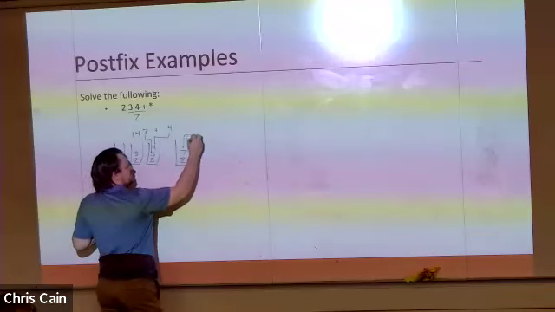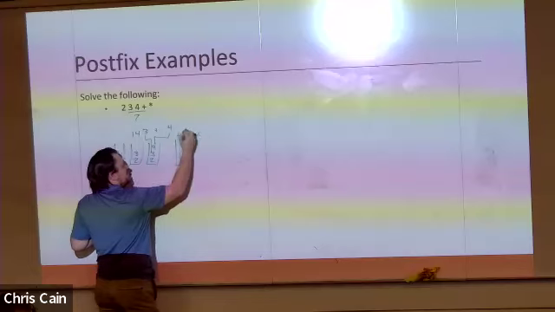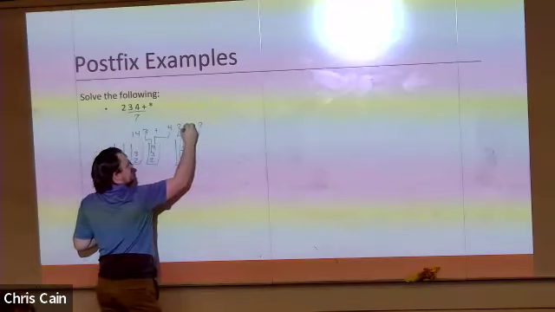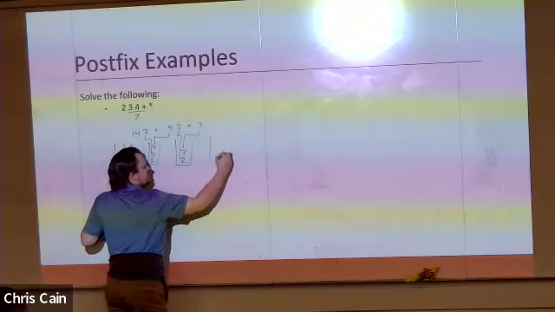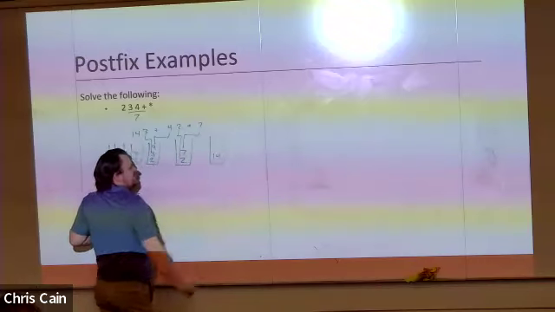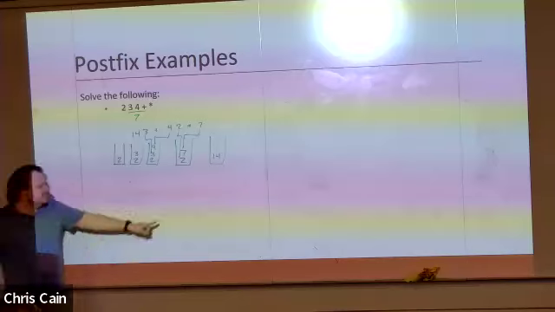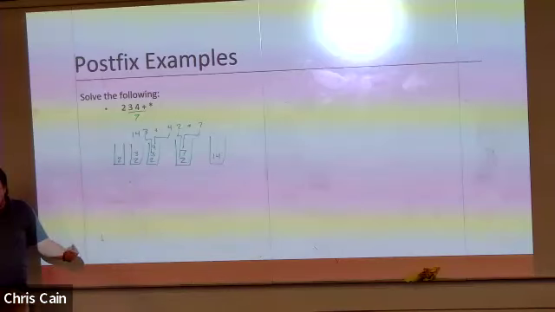The top one goes in the rightmost position, the bottom one goes in the leftmost position, and you get 2 times 7, which pushes the resulting 14 on the stack. And then once you are done evaluating a postfix expression, the answer is the top element and should be the only element on the stack.